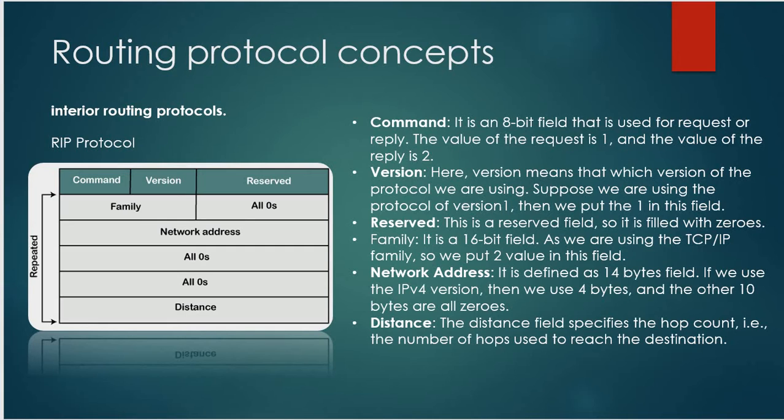This field classifies the protocol used in the communication, maybe UDP or SMTP or ICMP or anything else. So if it is the TCP/IP family, then it contains 2 in this field. So it's clear now what the version, the reserved, and the family are.